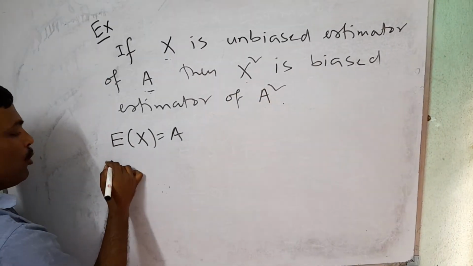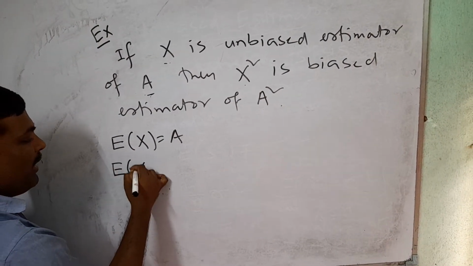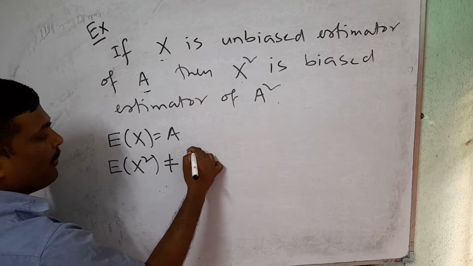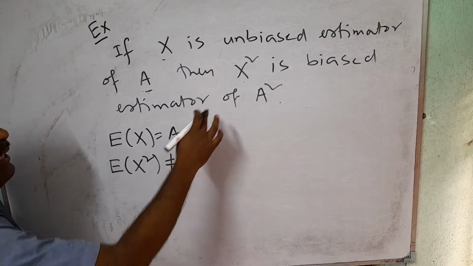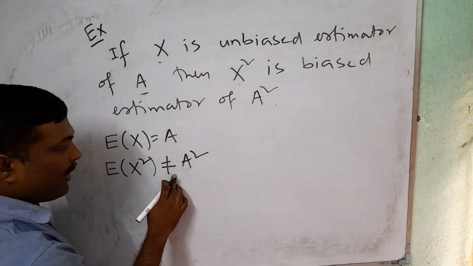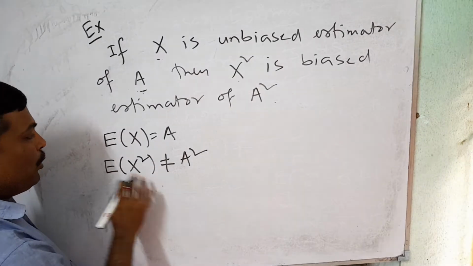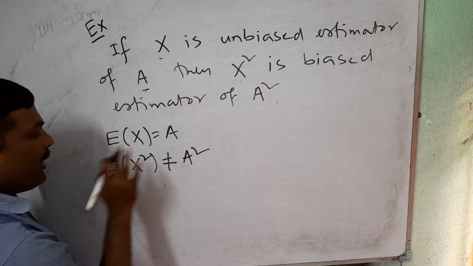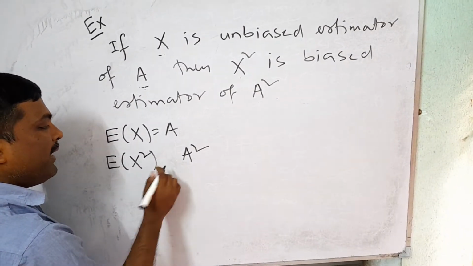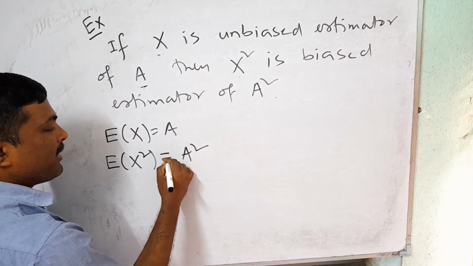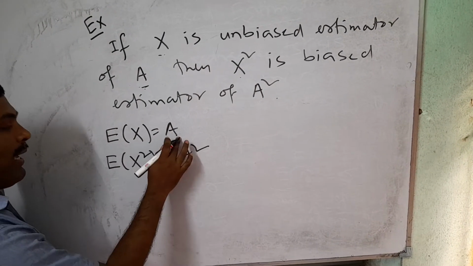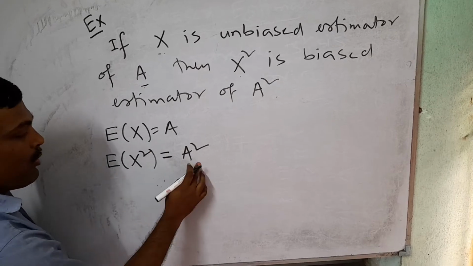So we have to prove that E of x square not equals A square. Given that E of x equals A, prove that E of x square not equals A square.